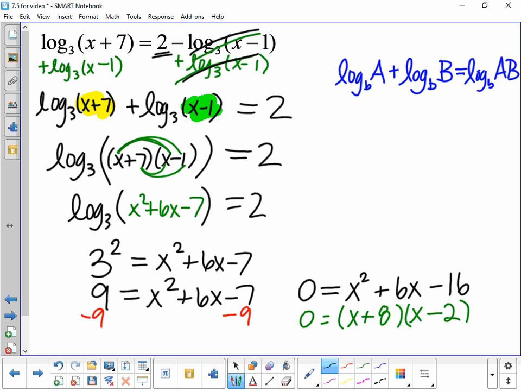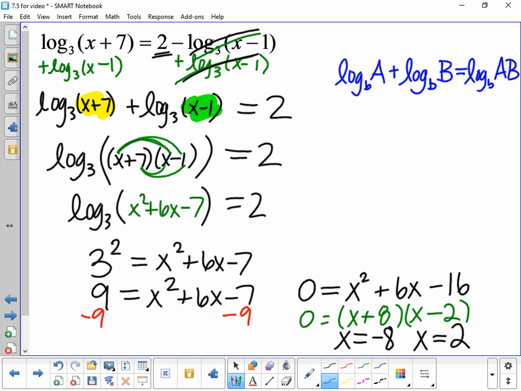Well, those two factors give us our two solutions. x could be equal to negative 8 or x could be equal to 2. So these are two potential answers. But remember, when we have logarithmic equations like this, we have to check our answers to make sure that they work.